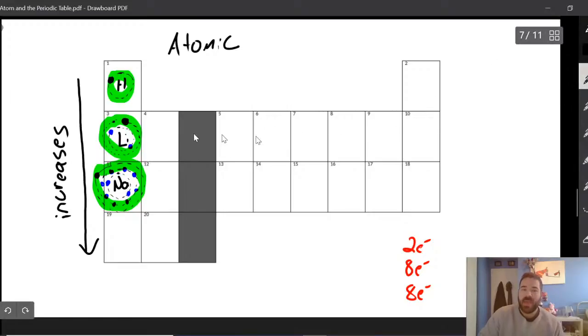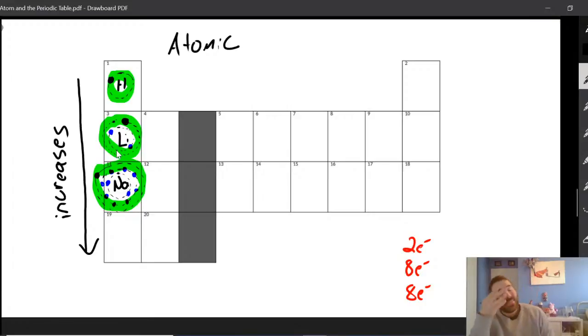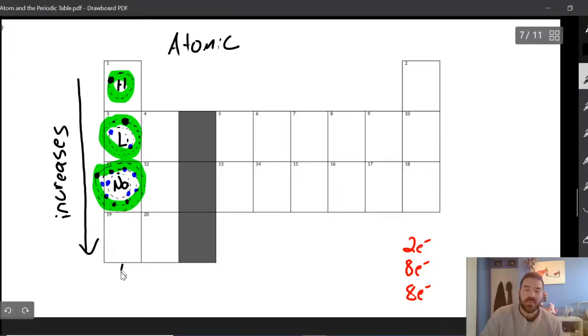So every atom within a group has the same number of valence electrons. Not the same number of orbits, but the same number of valence electrons. So, as we go from top to bottom within a group, the atomic radius increases, but all the atoms within a group share the same number of valence electrons.